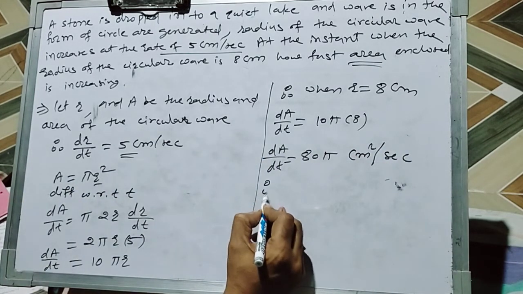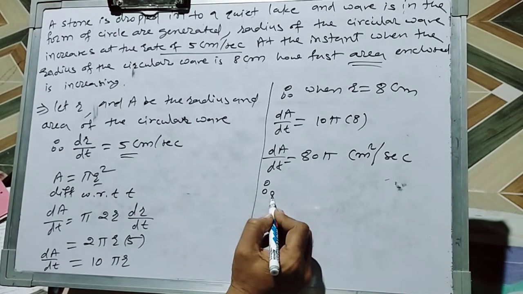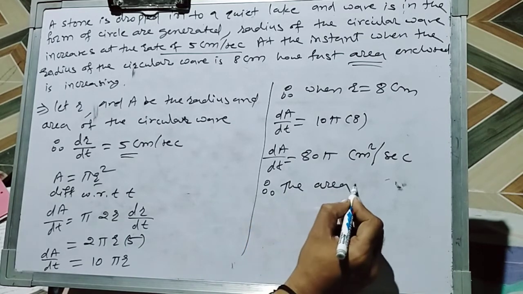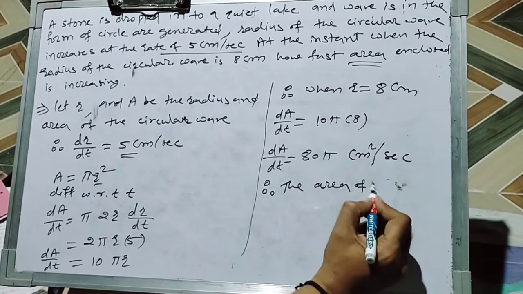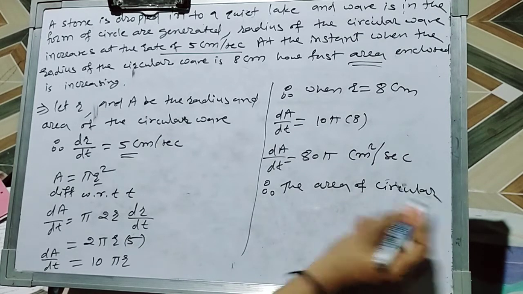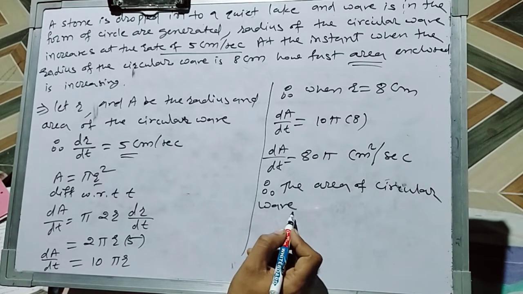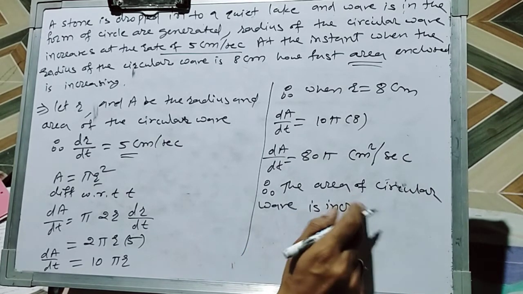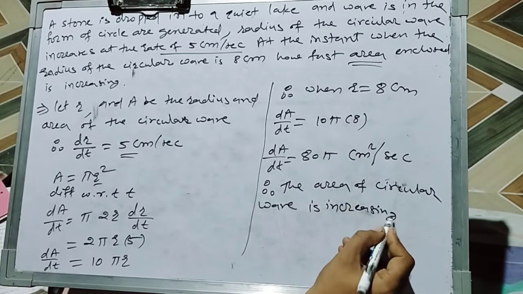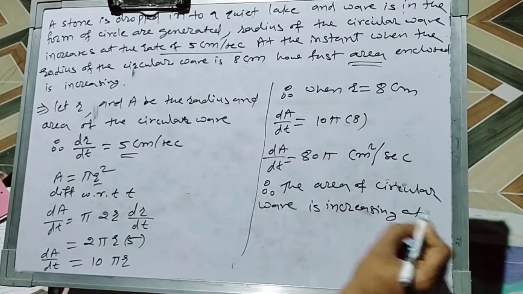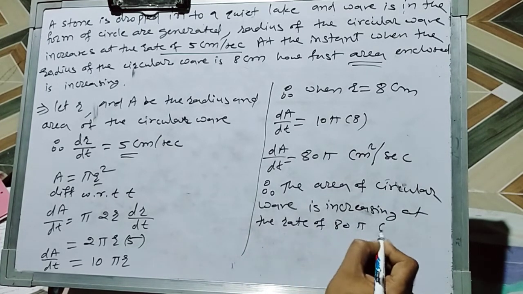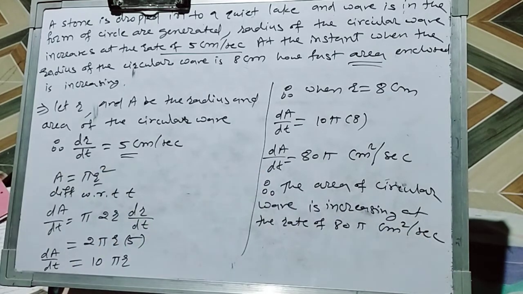So therefore the area of the circular wave is increasing at the rate of 80 pi centimeter square per second.